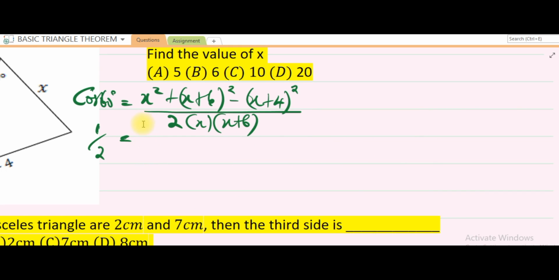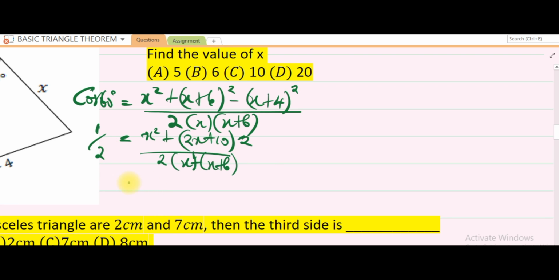This is half, so we are left with x squared plus this difference of 2 squares. So x plus 6 plus x plus 4 is 2x plus 10, while x plus 6 minus x plus 4 is 2. Difference of 2 squared over 2 times x times (x plus 6).